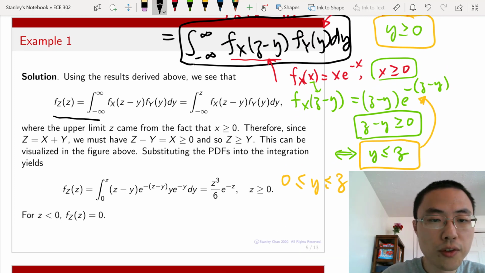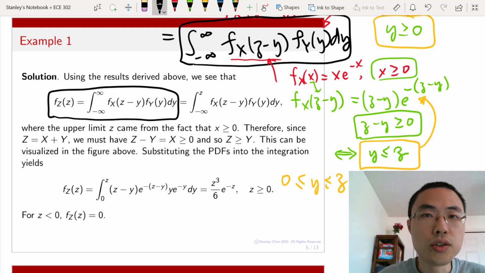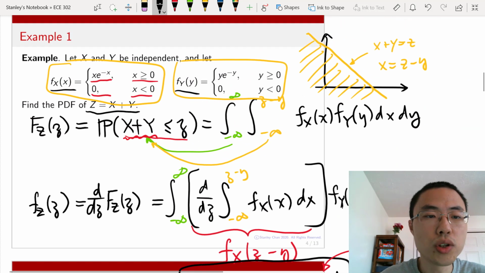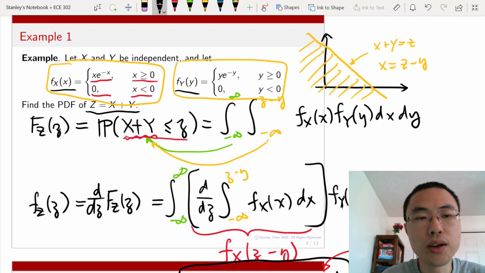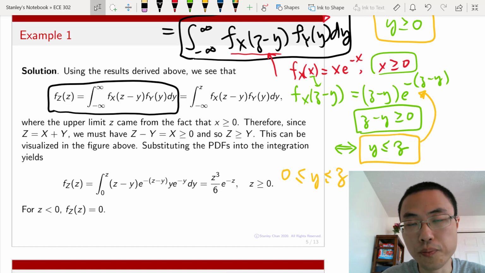This is the generic formula that applies to any distribution. By any distribution, I mean that for any fx, for any fy, I don't need to care about the form. It will be given by this generic equation.